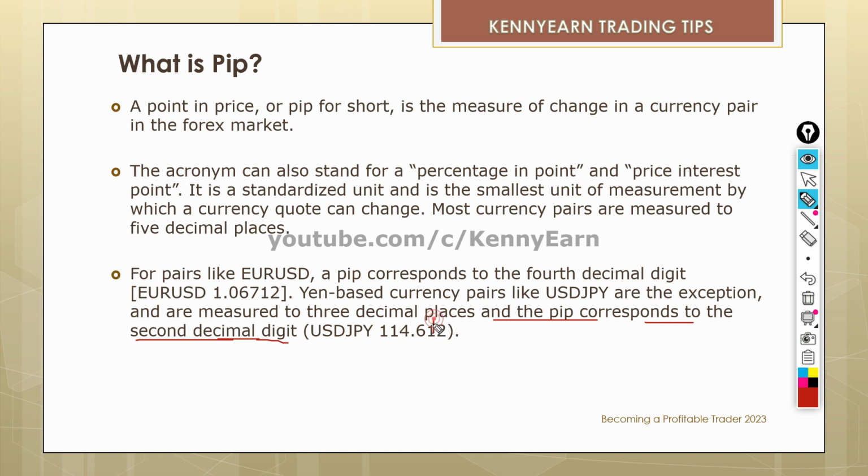So the pip is this one here, the second one. For example, 114.652. Check the difference; this one is what we use as the pip value. You check the difference between how far price moves. That's how we calculate the pips for the market.